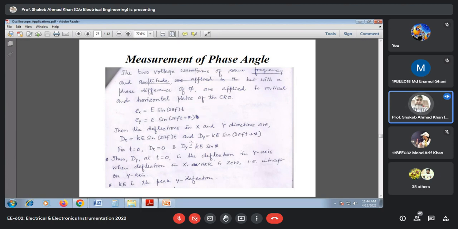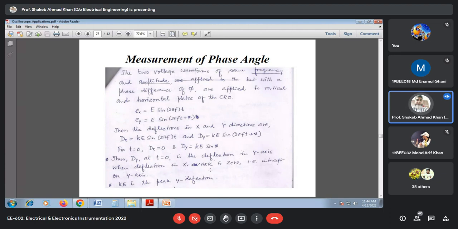And in the Y direction, when t is equal to 0, it will be equal to Ke sin phi. There is no deflection on the X plate, only deflection in the Y direction. So dy at t is equal to 0 is the deflection in the y axis.